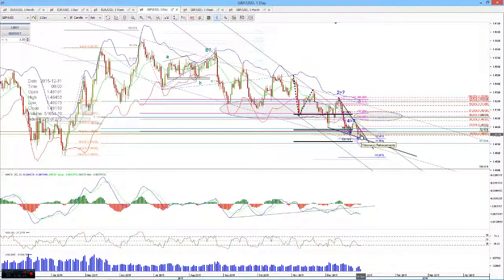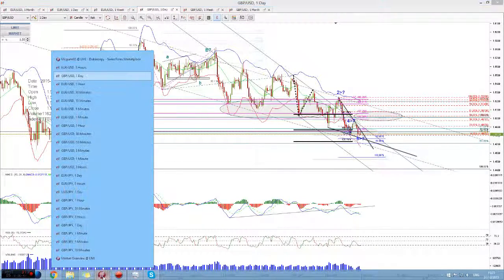Should this market break strongly through that lower boundary line of this triangle, of this ending diagonal, in my opinion, it's not valid anymore. But should this market reverse in this area and break through the higher line, it's likely that it's ended, and the market is reversing.